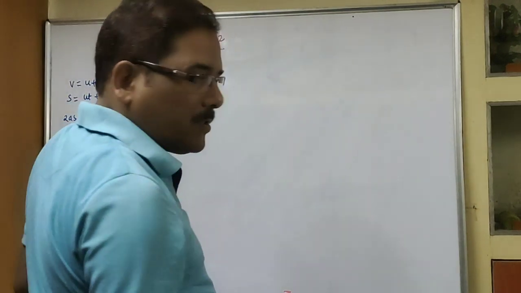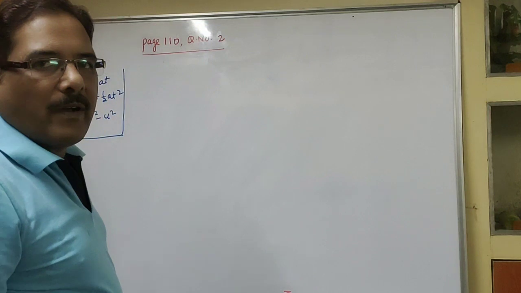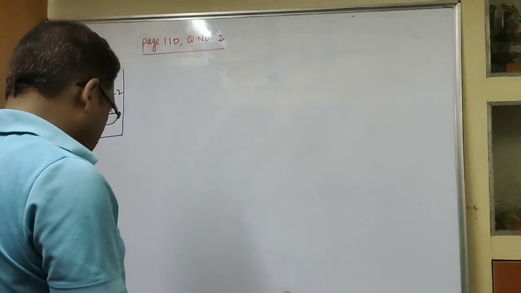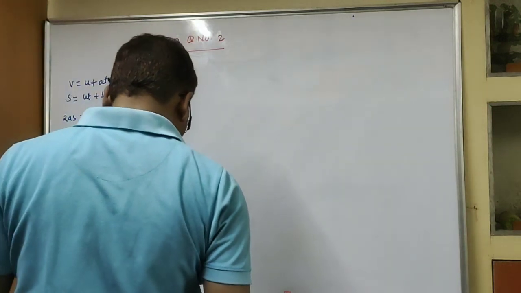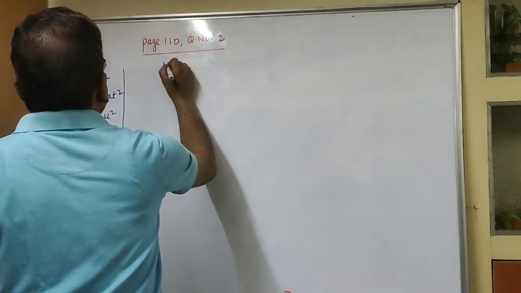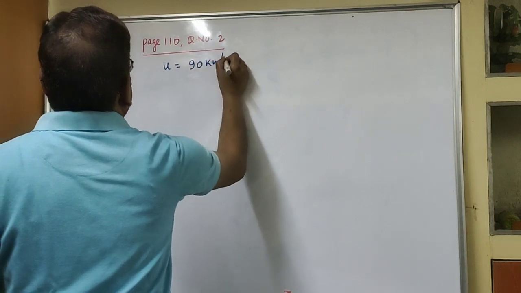In question number 2, it is given a train is traveling at a speed of 90 km per hour. So the initial speed of the train is given. So u is given how much? 90 km per hour.